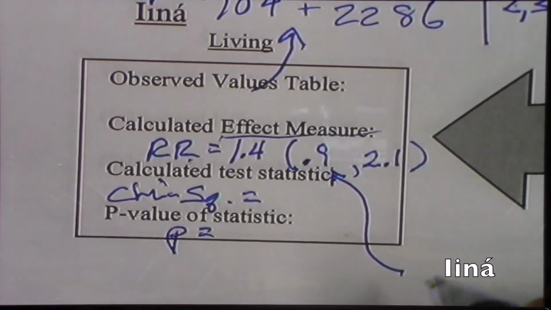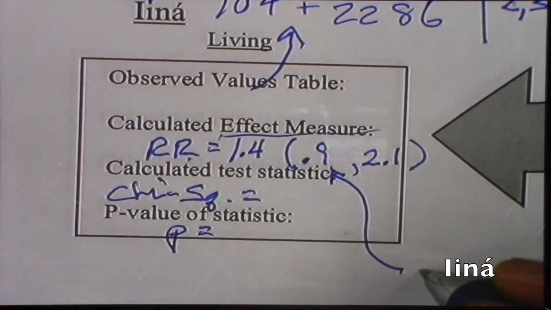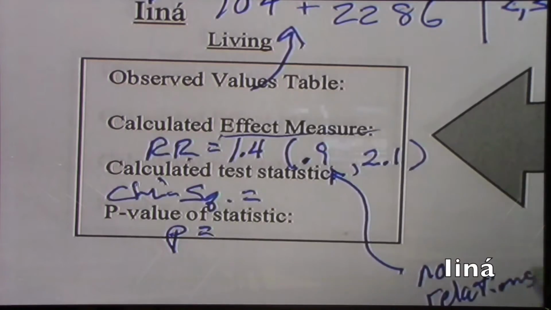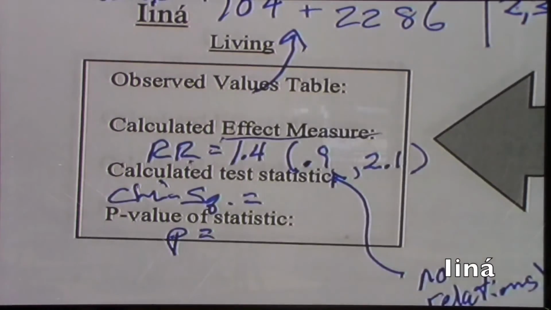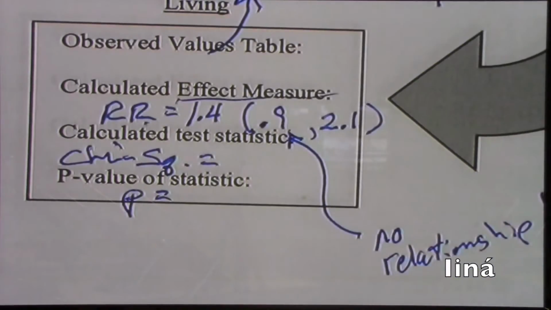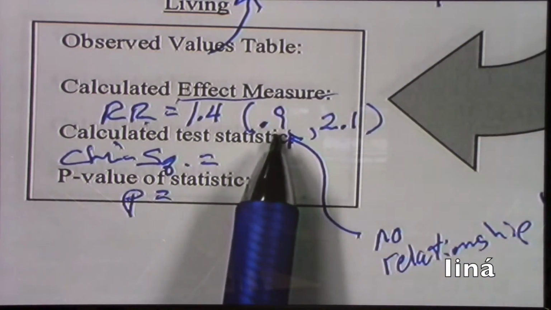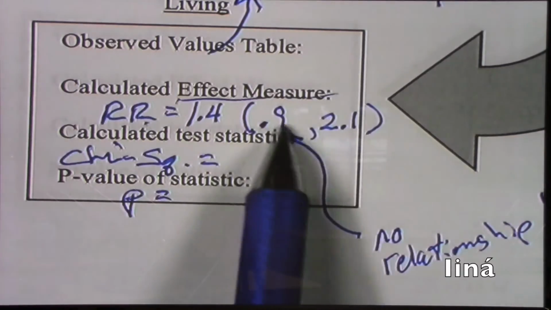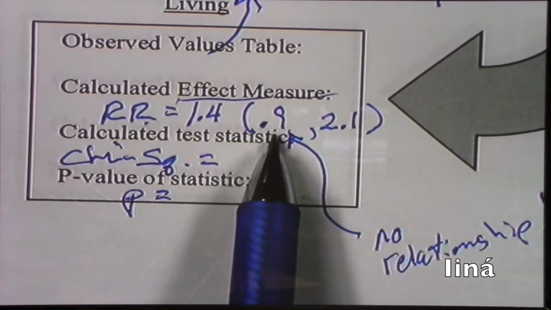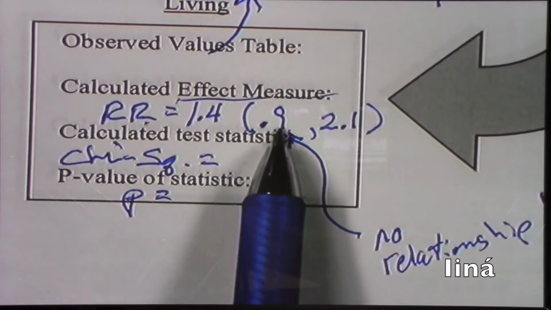So this already should clue you into the fact that probably there's no relationship. If you recall the example from yesterday, this number here was 1 point something, meaning that we were pretty sure that it was not lower than 1.